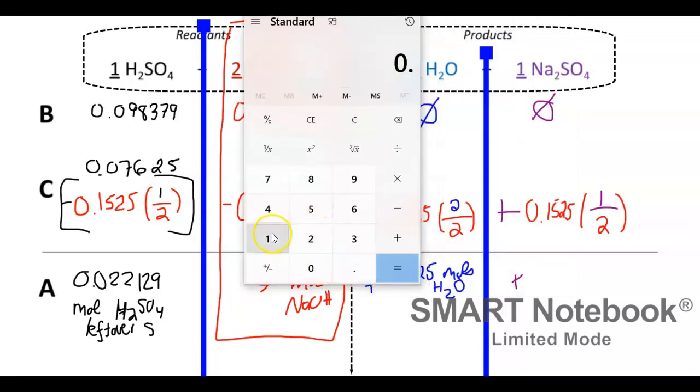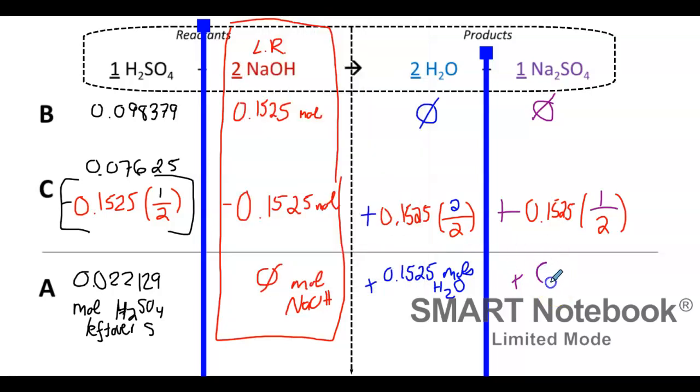So I've got 0.1525 divided by 2, and that should be the same number right there. That's the same ratio, right? So how many moles of the sodium sulfate did I make? 0.07625. And that is going to be my moles of Na2SO4 produced.